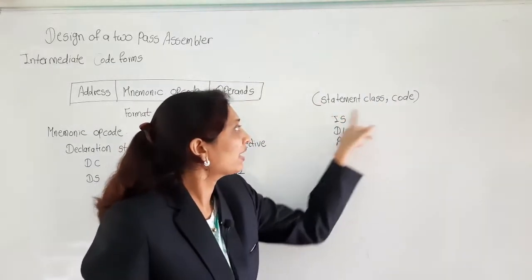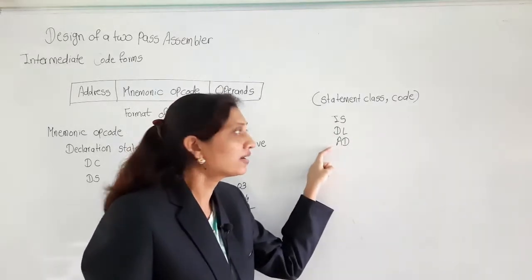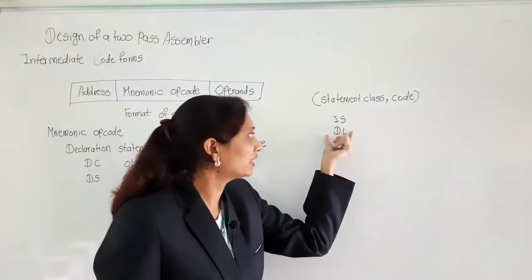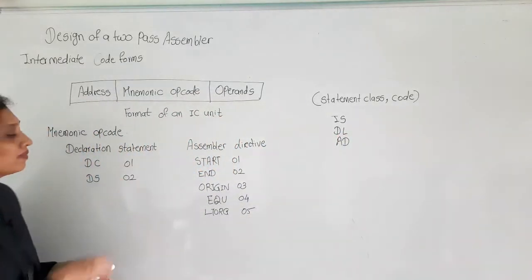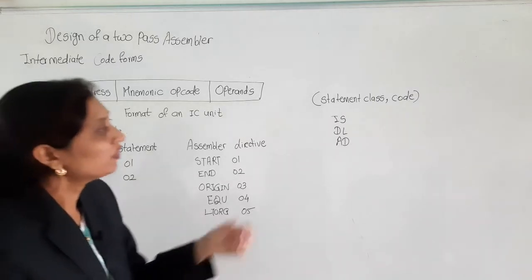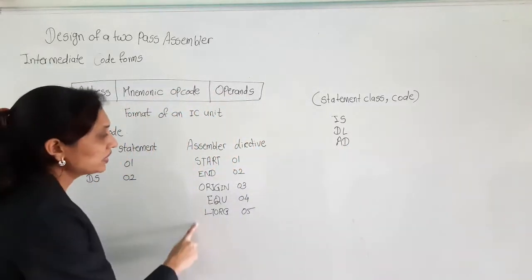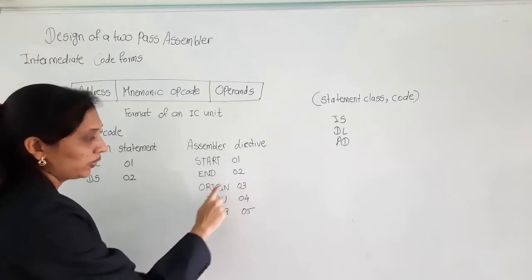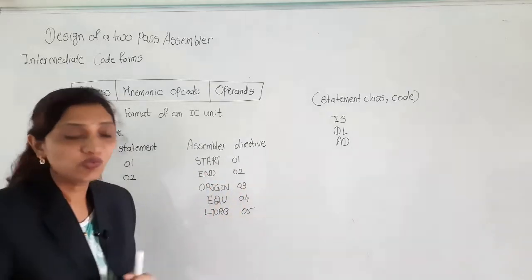Statement class means imperative statement, declarative statement or assembler directive statement. If your statement is a declarative statement, then we use 01 for DC and 02 for DS. If it is an assembler directive statement, then we use the codes START 01, END 02, ORIGIN 03, EQU 04 and LTORG 05.